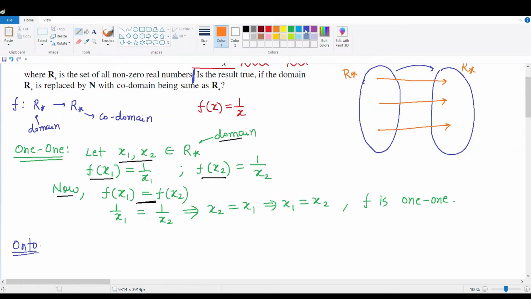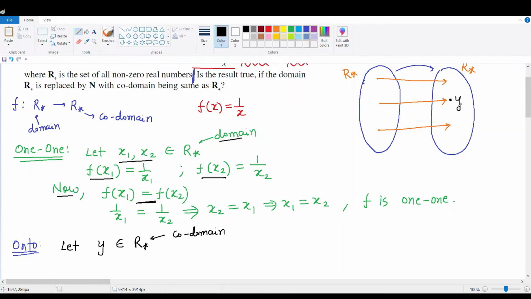So for that, we are going to pick one element from here. Let's say this element is y. We always take our y value as the output value, and that is nothing but our codomain. So let's assume that y is a member of R star, which is our codomain.